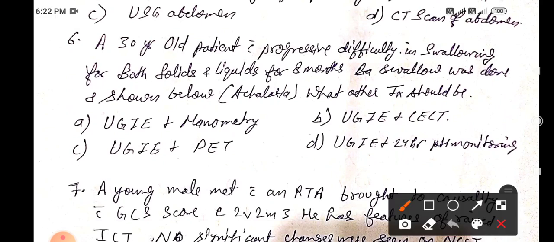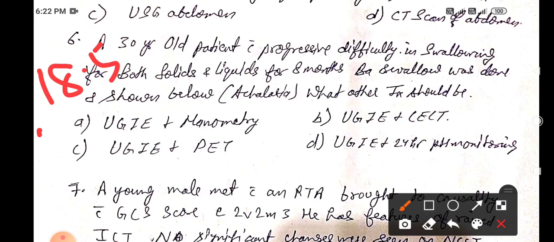A 30-year-old patient with progressive difficulty in swallowing for both solids and liquids for 8 months. Barium swallow was done and shown below. The image is nearly achalasia. BMI is 18.5. In a young patient there is less chance of cancer. So the achalasia image and the esophageal carcinoma image look nearly the same, but this is a young patient.